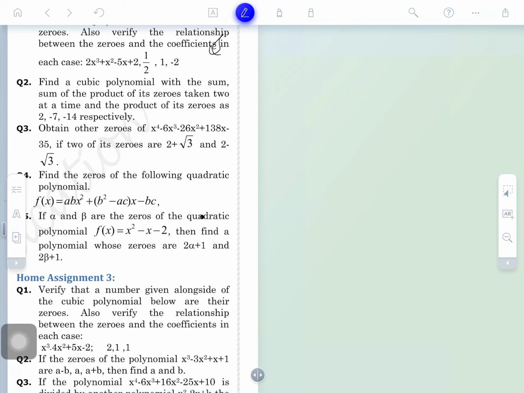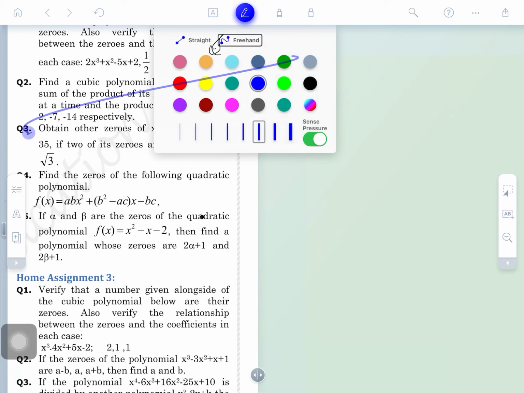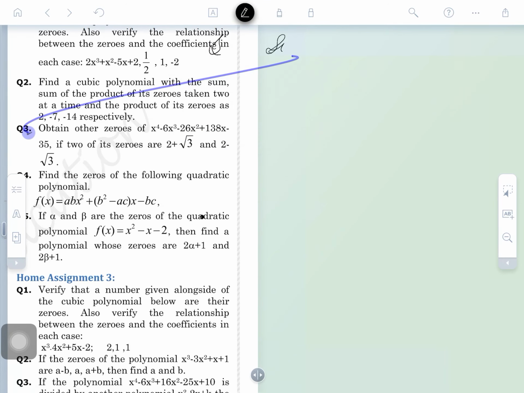Okay, we are solving question number 3rd, the solution number 3rd. Obtain all other zeros. So here p(x) is to be noted. Clear?